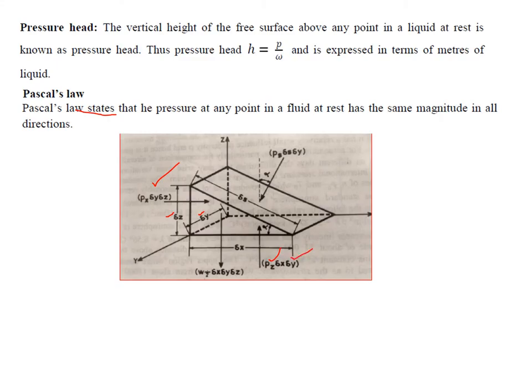Similarly, if I consider this face which is at an arbitrary angle alpha, the force is always normal to the face. Then Ps will be the intensity, and delta s into delta y is the area, so that gives the force. But at what angle is it making with respect to vertical?